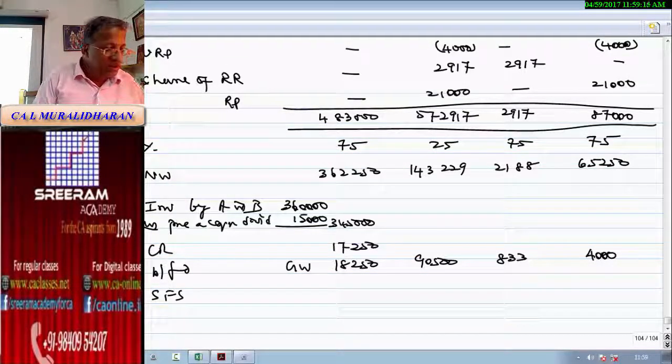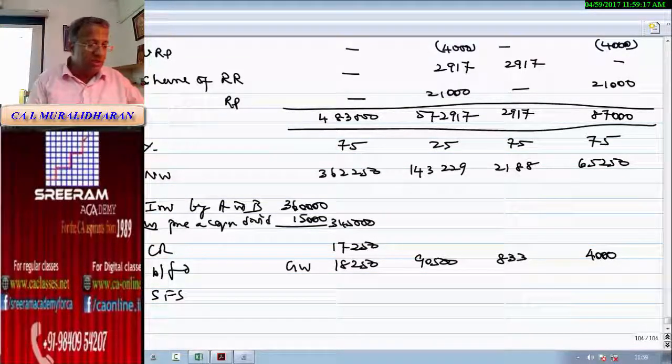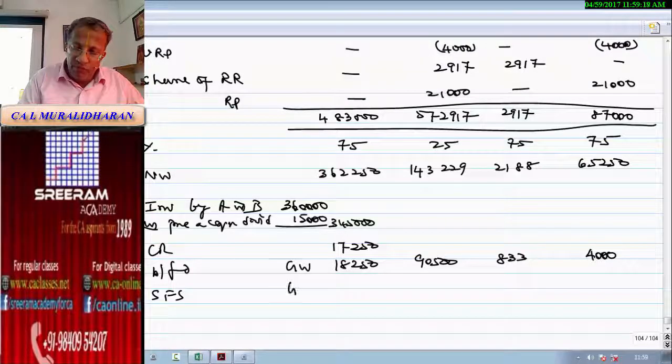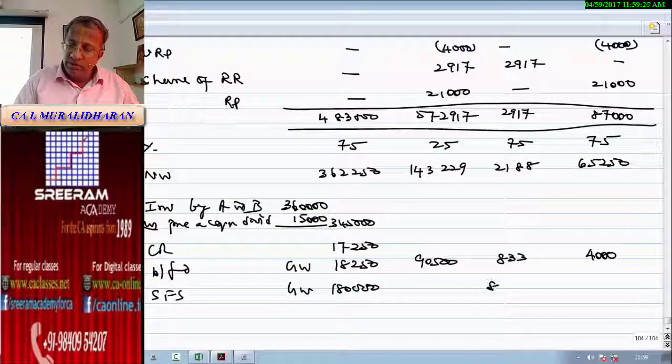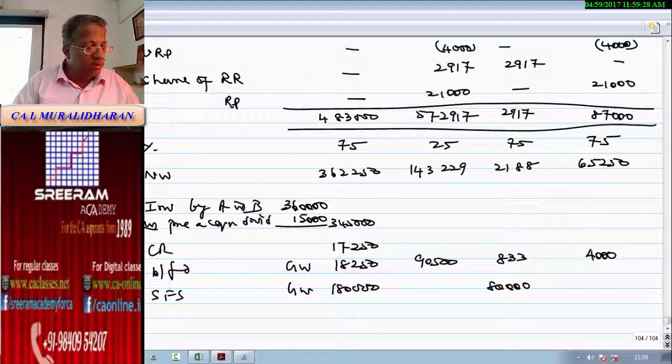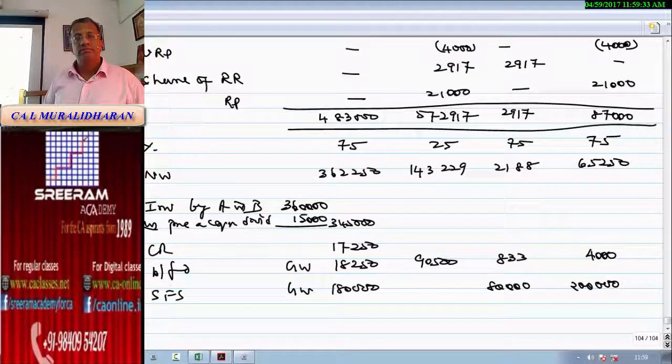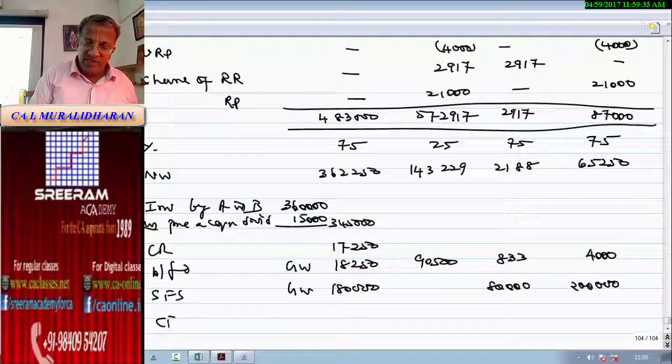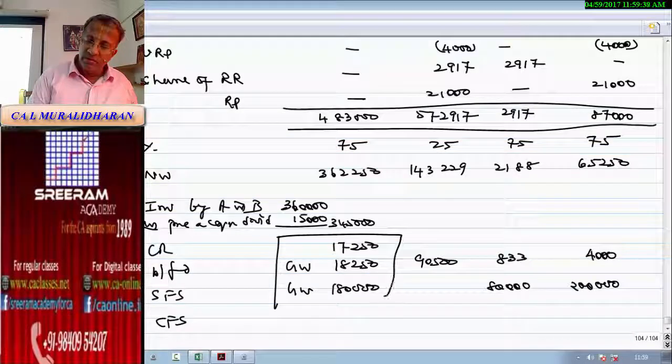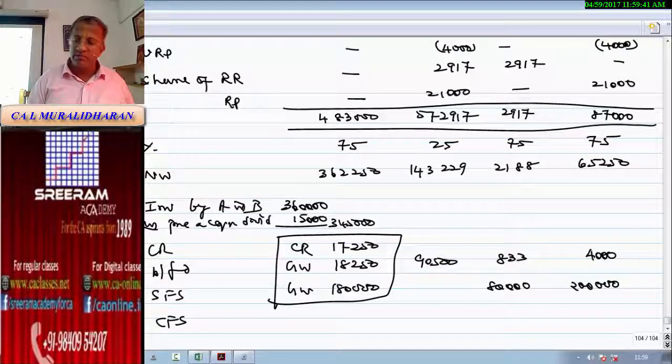Here you have goodwill of all the entities. Goodwill 1,80,000. Then general reserve 80,000. Then P&L account 2 lakhs. Then the CFS figure should be capital reserve, all that put together.